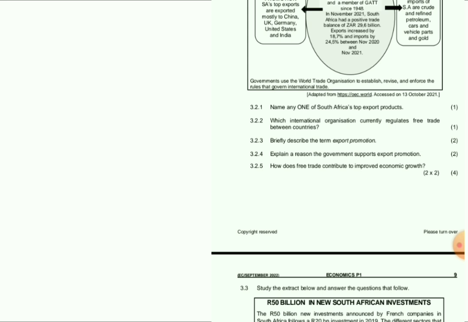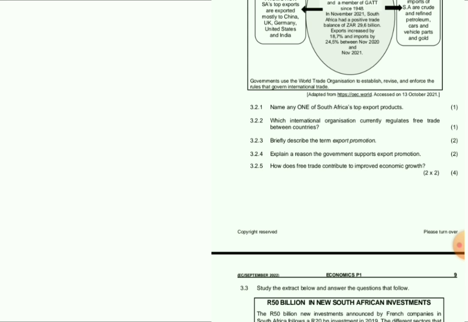Explain a reason the government supports export promotion. Why does the government support export promotion? Think about it. I've given you the definition, so it's going to be easy for you to explain.